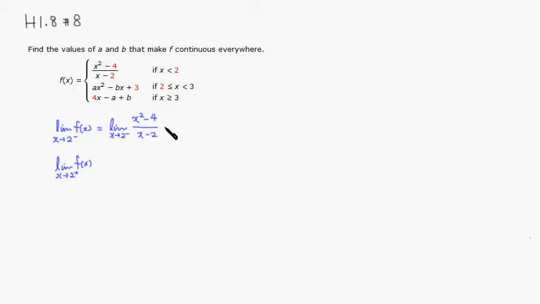We can factor the numerator as x minus 2 times x plus 2, all over x minus 2. So we can cancel x minus 2 on top and on the bottom. Then we can just plug in, and this gives you 2 plus 2, so it's 4.